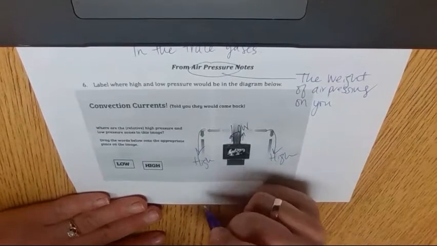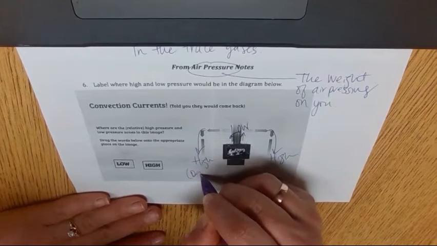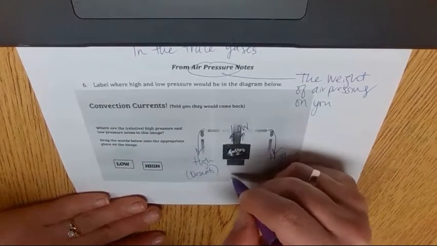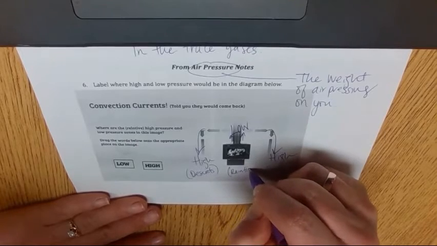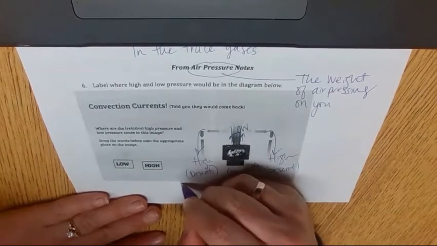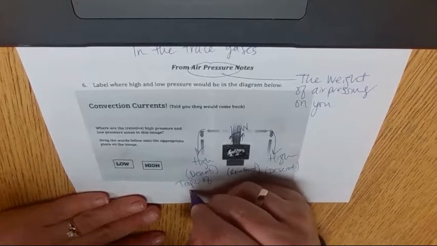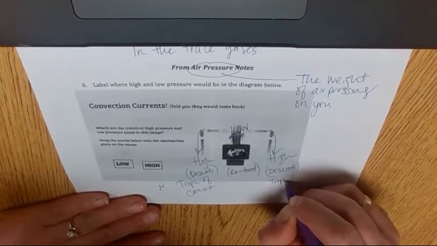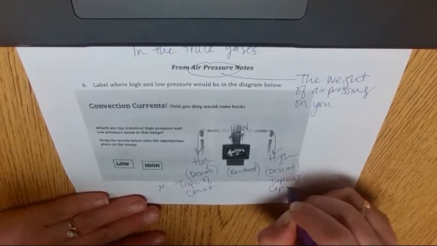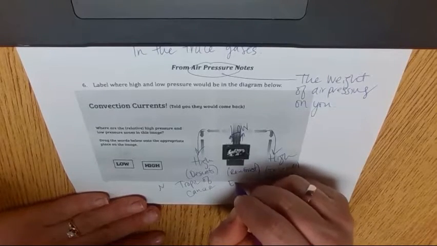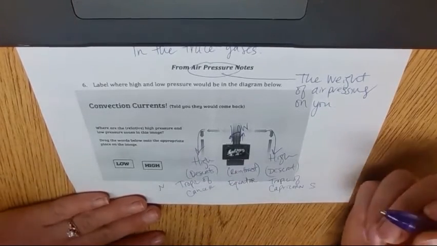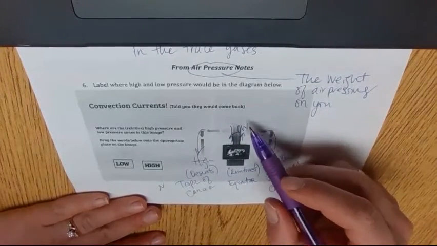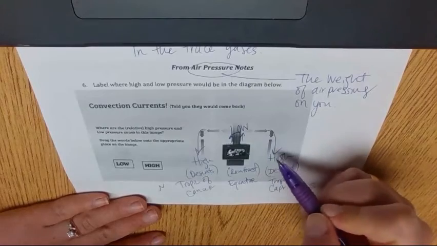And if we wanted to relate that to the planet, this is where the deserts would be. And this is where the rainforest would be. And if we want to go even further, this would be the Tropic of Cancer if this was north. And if this was south, this would be the Tropic of Capricorn. And this would be the equator. And we know that air is rising here because it's warm, it's less dense, and falling here because it's relatively cooler.